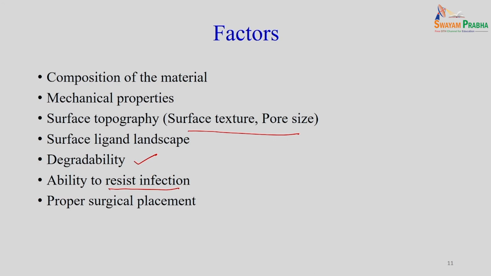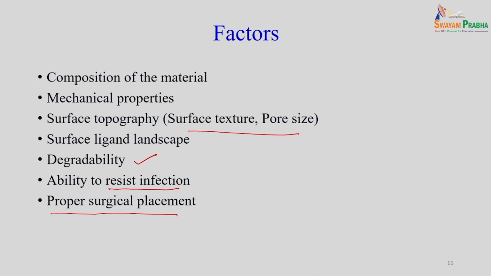It means whether it is susceptible to bacterial contamination or not, and it is obvious that during implantation whether it is properly placed or not also causes the host response, or you can say the foreign body response, which may lead to the replacement or failure of that particular implant. So, these are the key factors for the biomaterial implant which regulate the cell surface interactions.